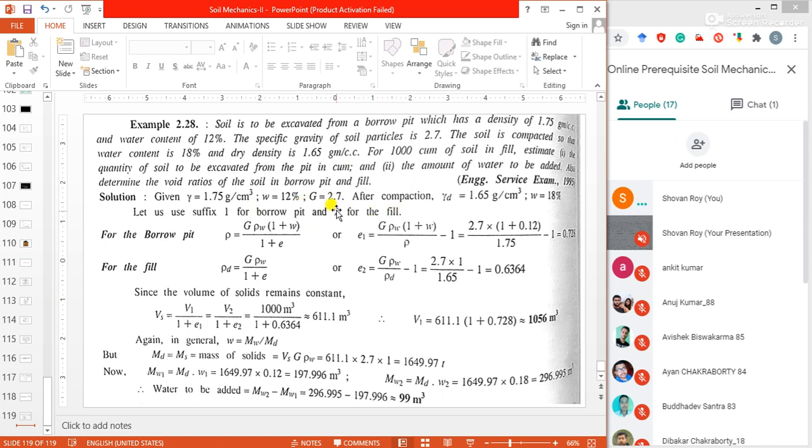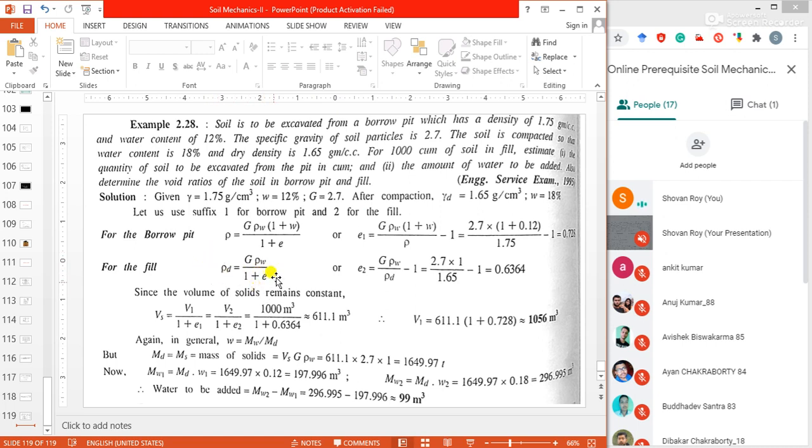So e2 is the void ratio of the filling soil. The formula is rho d equals G rho w by 1 plus e. That is the dry density of soil.